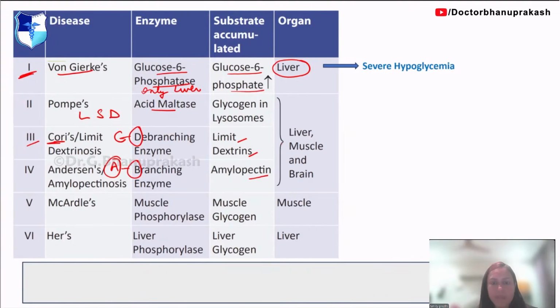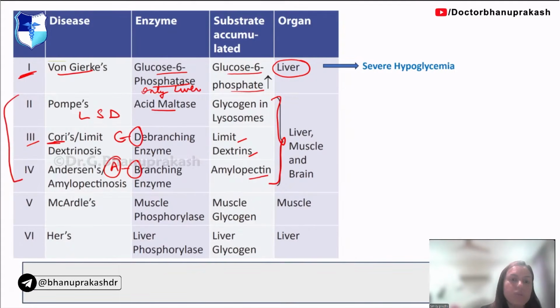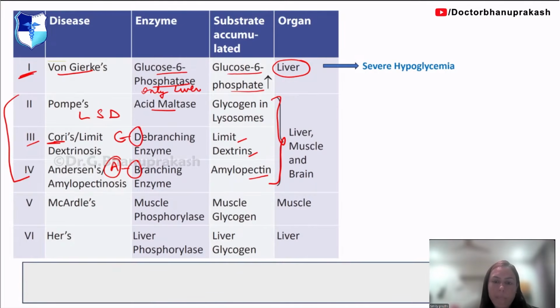In these three, type 2, 3 and 4, liver, muscle, brain, all organs where glycogen is stored, they are affected. So if a question on glycogen storage disease says liver, muscle, brain affected, then you will say it is Pompe's or Cori's or Andersen. If in the question they have given lysosome affected, then Pompe's.